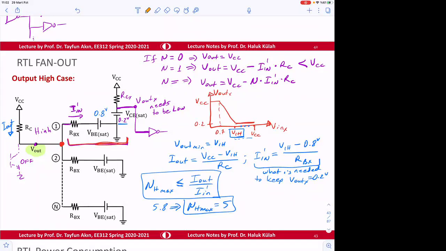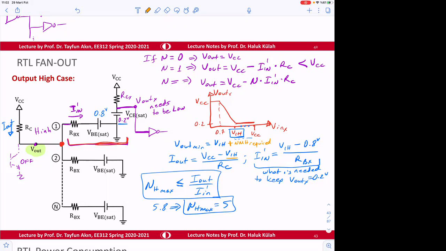But sometimes we say that we want some tolerance here, noise margin. So if noise margin high required is entered, then you should be using that value here instead of the input high.